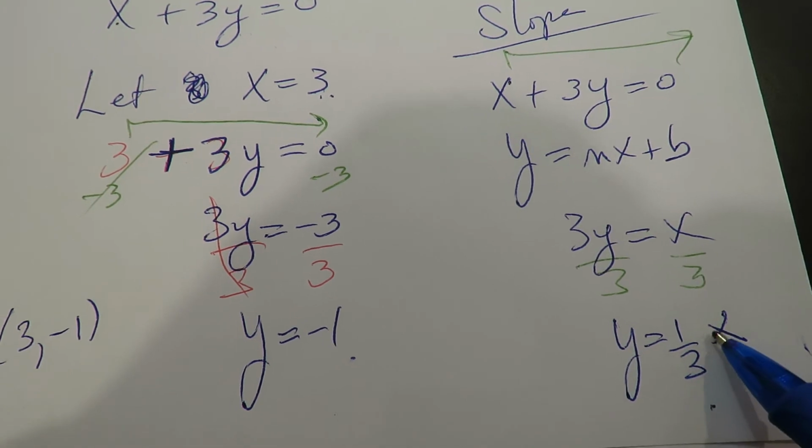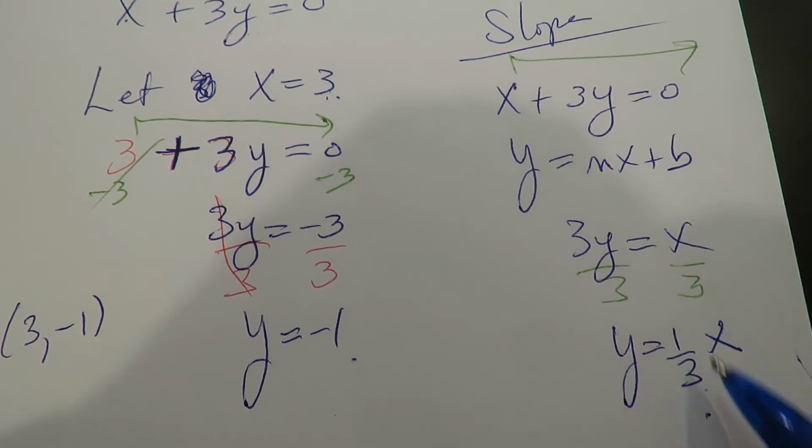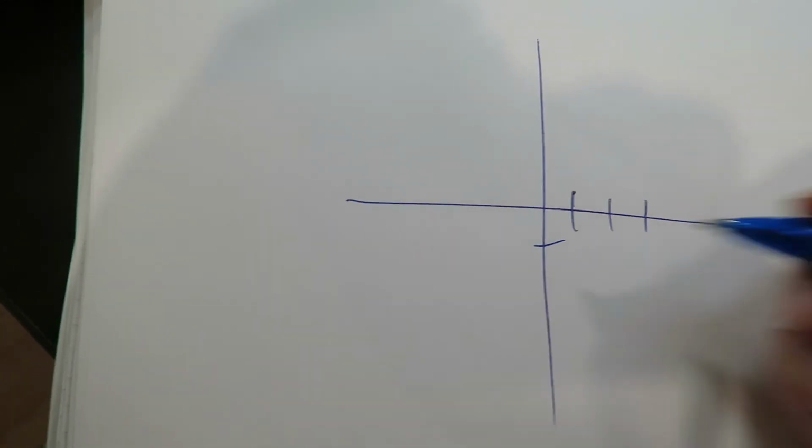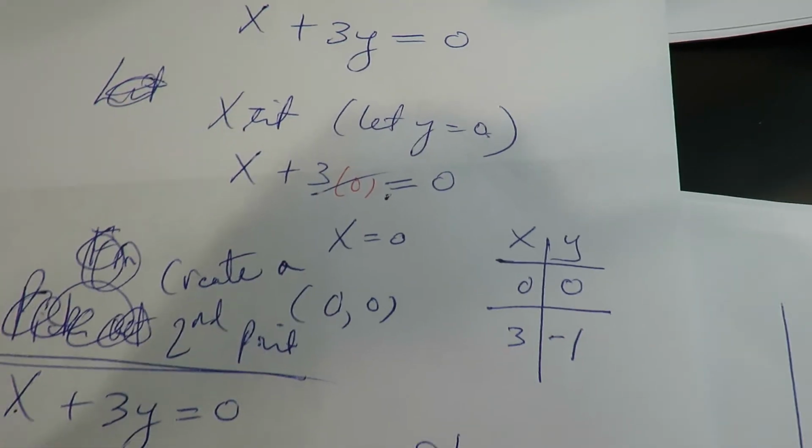So this means rise over run. If I go up 1 and over 3, that will also be a point. I'll show you that in a minute. Let's draw this guy. If we do it the first way, for starters, I'll do it both ways.